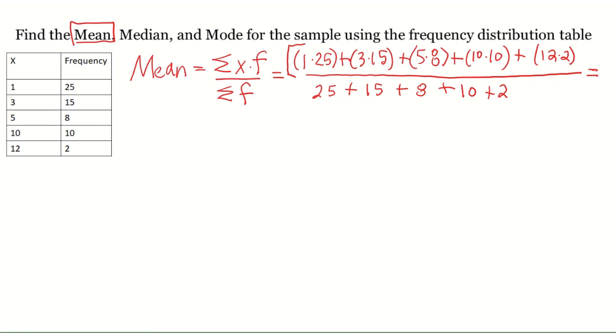So once again, we want to bracket the numerator and bracket the denominator, so all those functions are included when I plug them into my calculator.